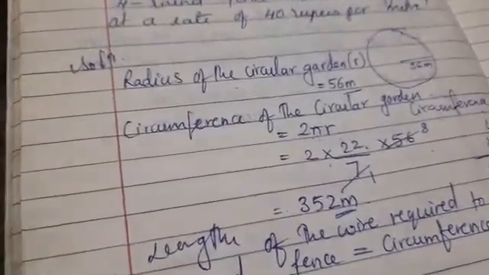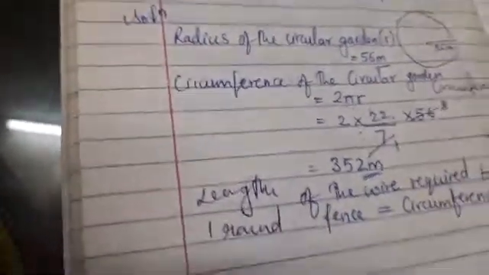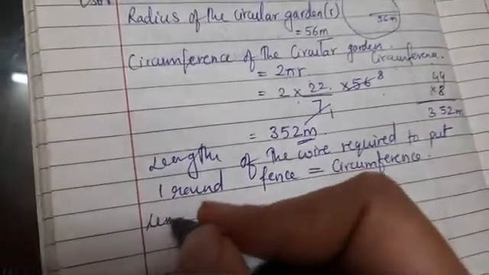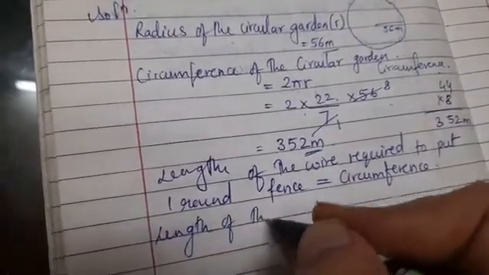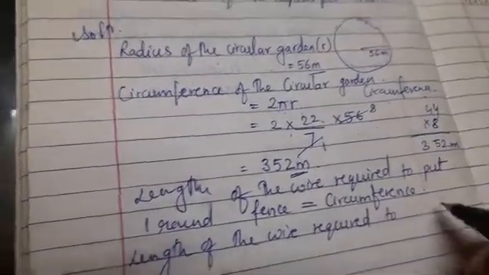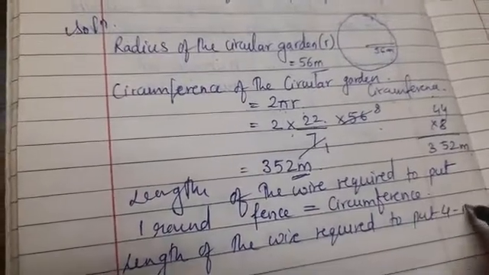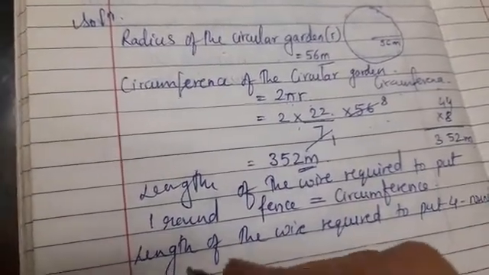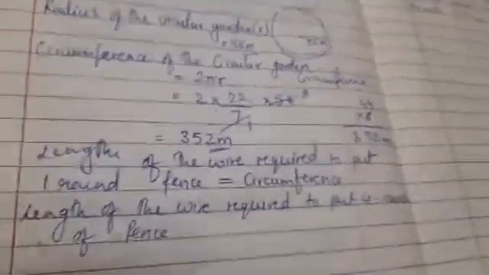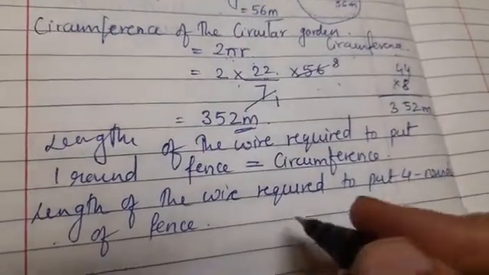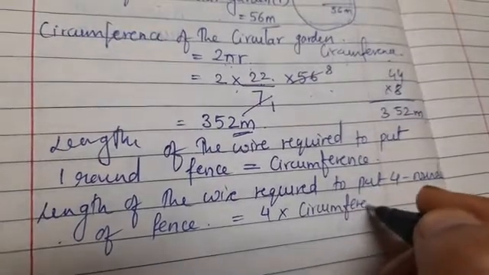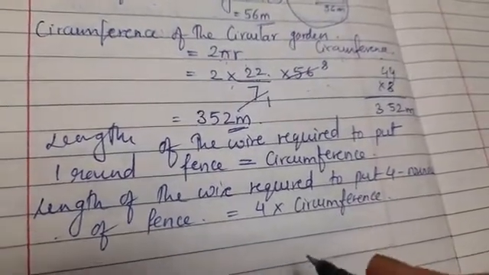Now we require 4 rounds. So the length of the wire required to put a 4 round fence is 4 into the circumference.